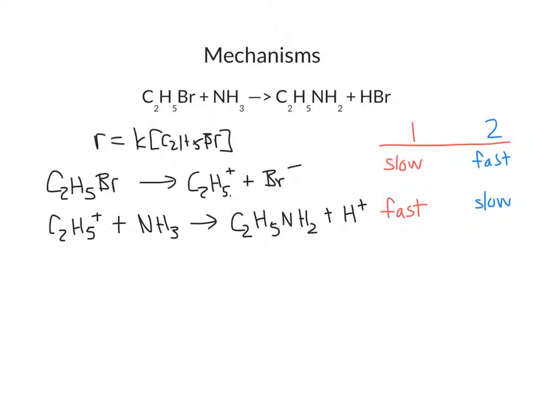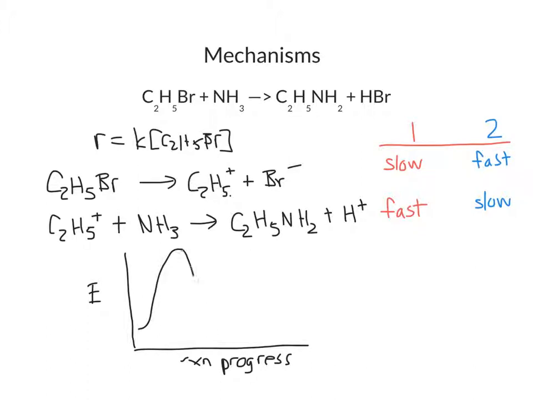Finally, each of these steps in the mechanism have their own rates and their own activation barriers. And so we can draw an energy profile for this reaction, knowing that the first step is the slow step and the second step is the fast step. We know that the activation barrier for the first step is larger than the activation barrier for the second step.